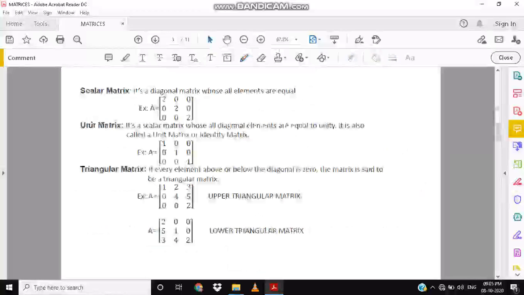Coming to the next one, the scalar matrix. What is a scalar matrix? It is a diagonal matrix whose diagonal elements are all equal. You can see that the elements in the diagonal position are all the same, 2, 2, 2, right? And other than the diagonal elements, all other elements are zero. So this kind of matrix is called a scalar matrix.